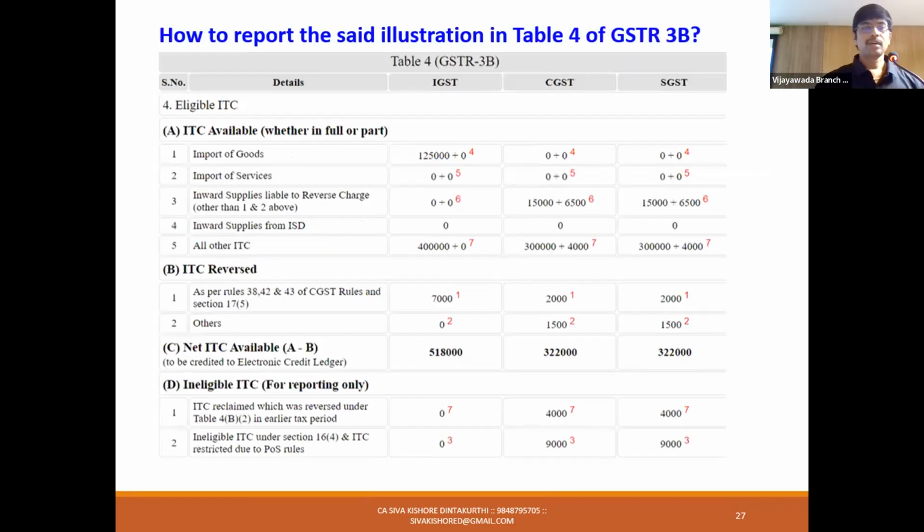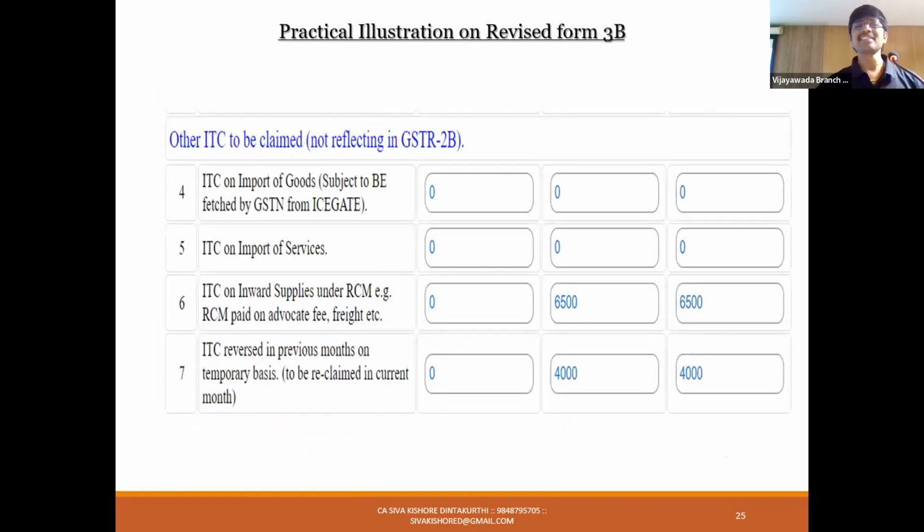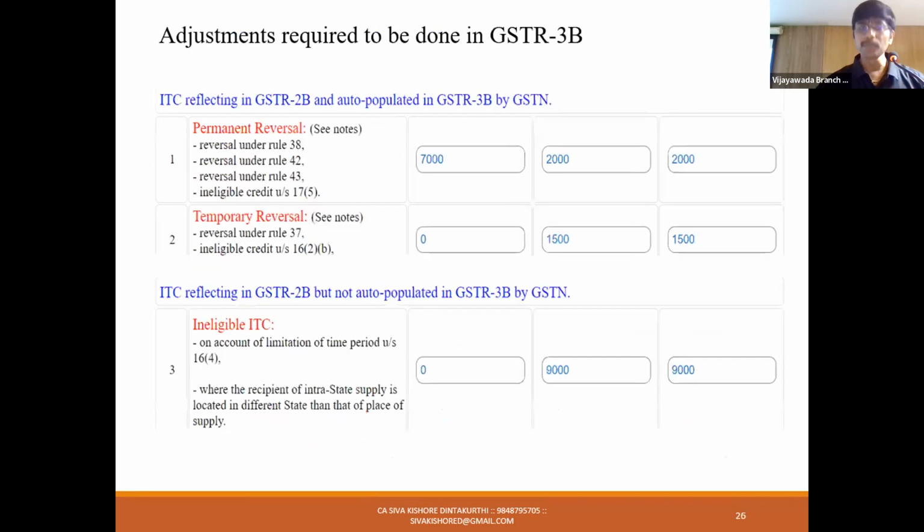Okay. Next, there are certain ineligible credits, 7,000, 2,000, 2,000. It may be part of permanent reversal. Temporary reversal, 1,500, 1,500. It may be on account of non-receipt of goods, non-payment within 180 days, or the vendor has failed to comply with 16(2)(c).